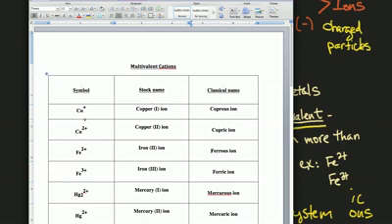The "us" suffix goes with the lesser of the charge values, and the "ic" suffix goes with the larger. So you can see the ferrous is the +2, whereas the ferric is the +3. All right? So keep that in mind. There might be a couple of questions asking you to name stock or classical.